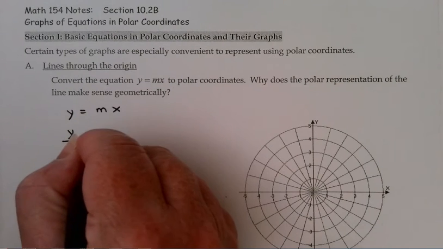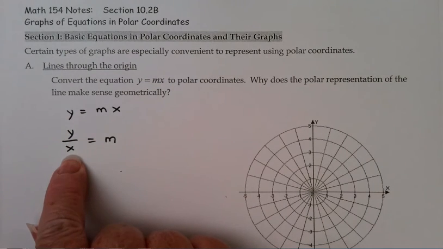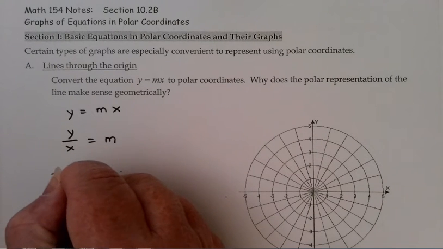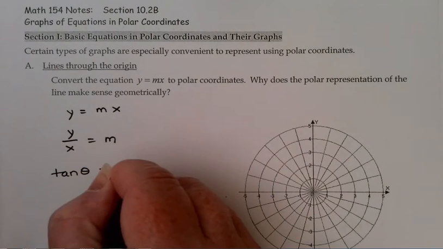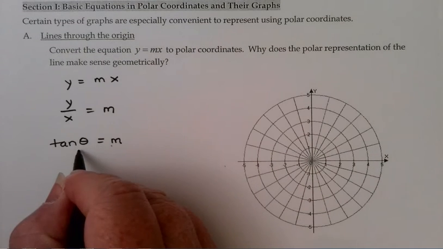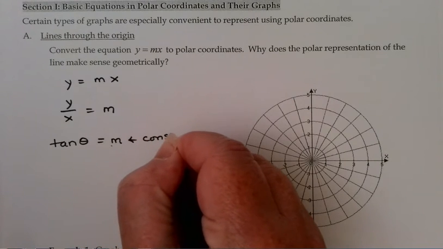If I'd like to convert this to polar coordinates, let's start by dividing the x over to the left-hand side. And then if you remember, this is one of our conversion equations, right? y over x is the same as tangent theta. So what this says is the tangent of theta is equal to the slope, or just some constant.